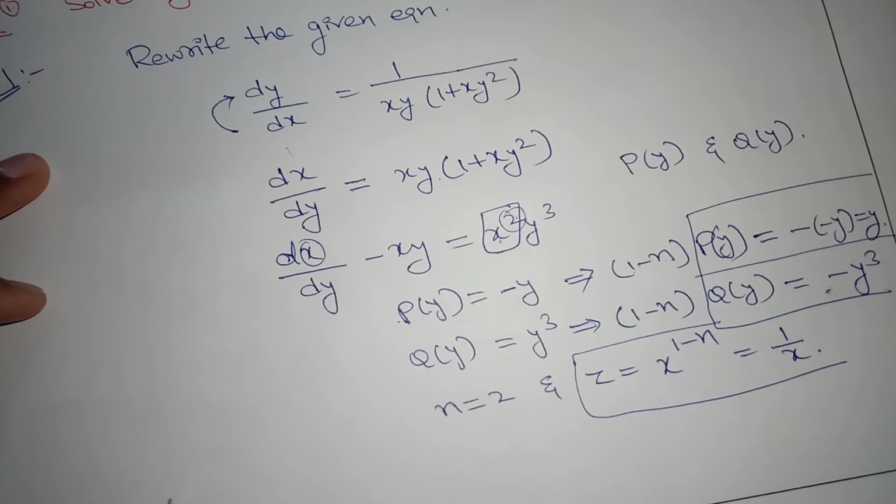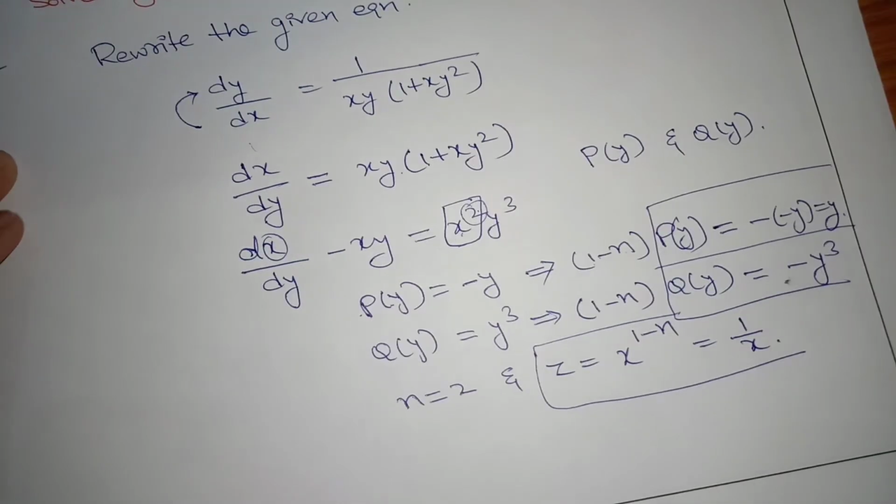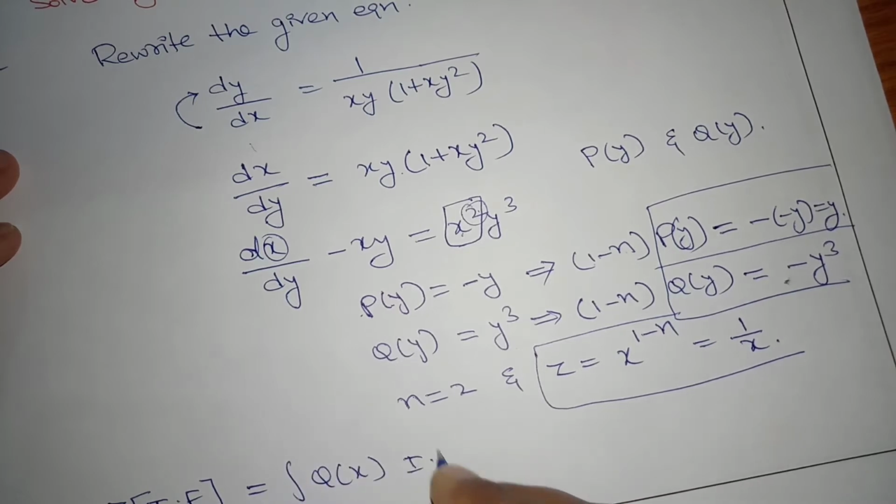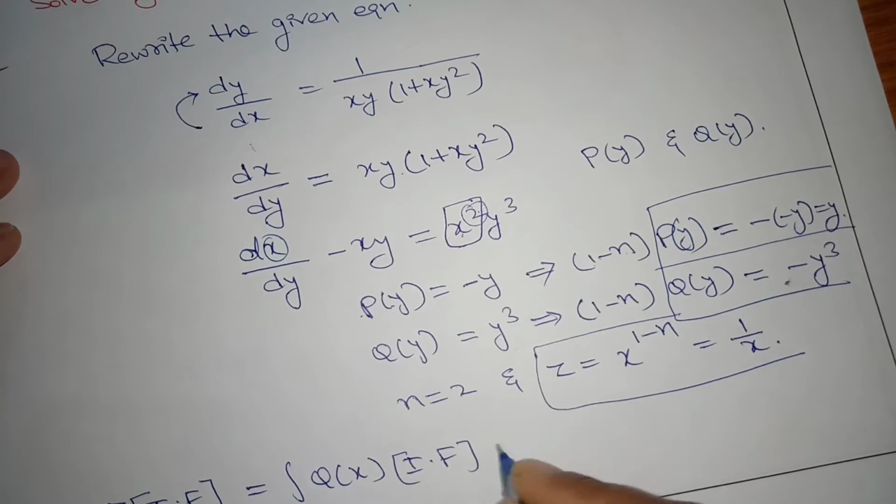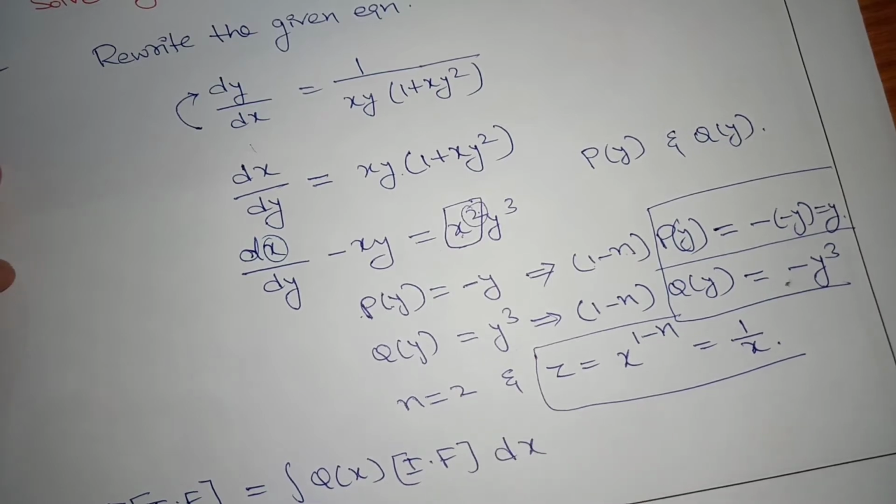Now the solution for Bernoulli's equation is z into integrating factor equals integration of q of x into integrating factor into dx.